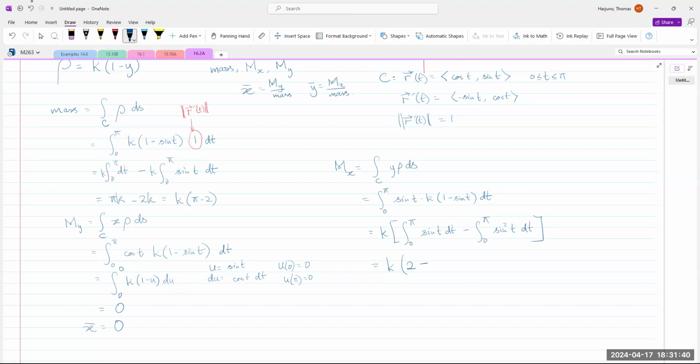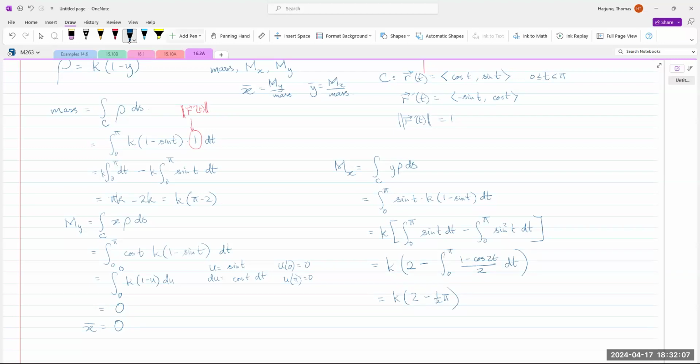Okay, and then for sine squared t from Calc 2, you cannot integrate that directly, right? You need to use power reduction formulas. And when you integrate that, you will see only the 1/2 survives. That's actually minus 1/2 pi.